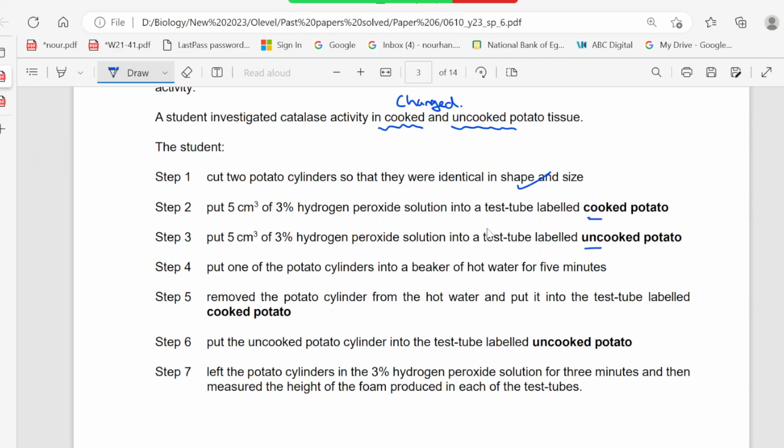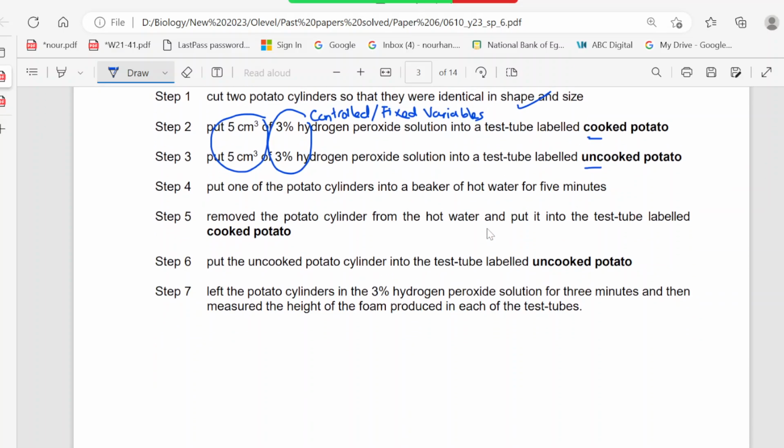I put the same volume and the same concentration of hydrogen peroxide in both test tubes. Since they are the same, these are the controlled or fixed variables that are constant. The volume and the concentration in both test tubes are the same. So they are the controlled or the fixed variables.